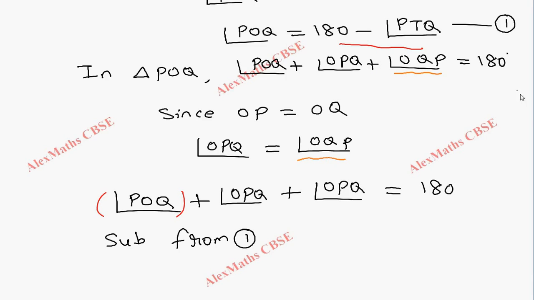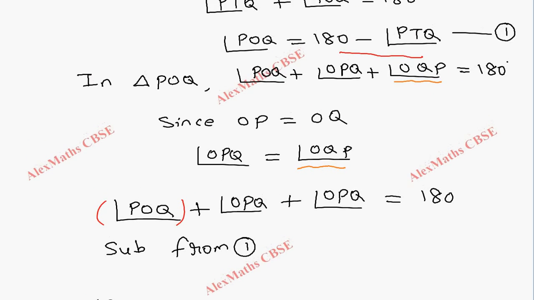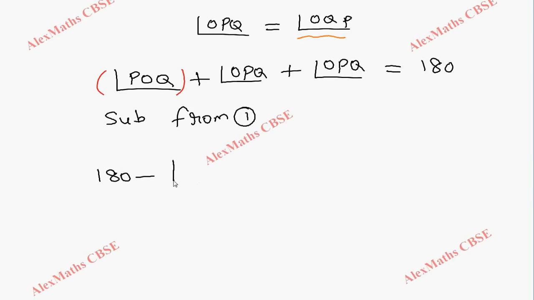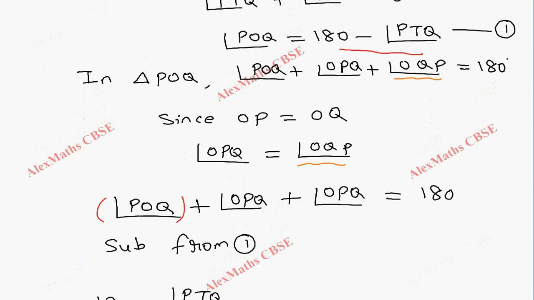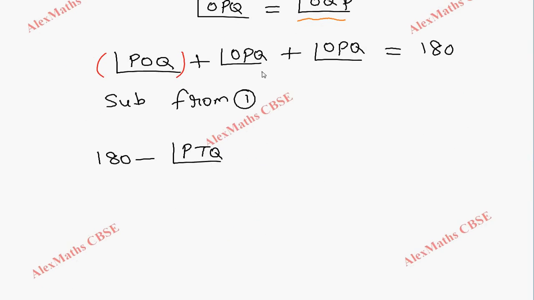So this becomes 180 minus angle PTQ. And these two are added together as twice, plus 2 times angle OPQ, that is equal to 180.